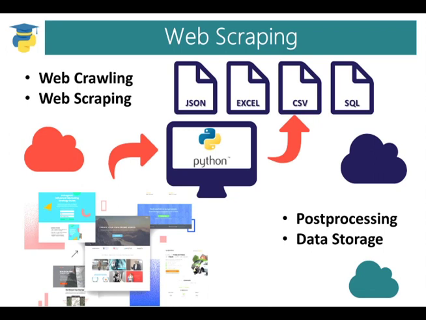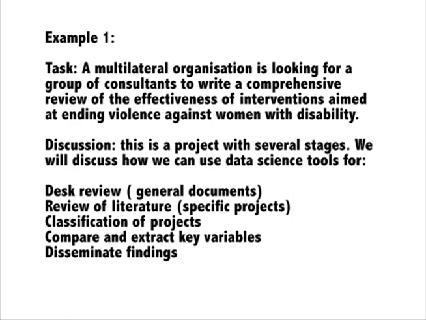So we have this web scraping for collecting, extracting the data. But what's going to happen is you're going to have quite a big number of things to read, and you want to find out what's relevant for you and what's not. So when you have a huge volume of documents, you can use computer models to help you navigate through these documents.